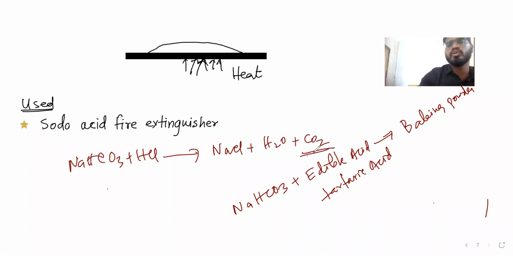Guys, see here, CO2 is heavier than air, right? So when you use the fire extinguisher, CO2 will go down and make a kind of blanket. It will cut the supply of air. So there we can use the soda acid fire extinguisher.